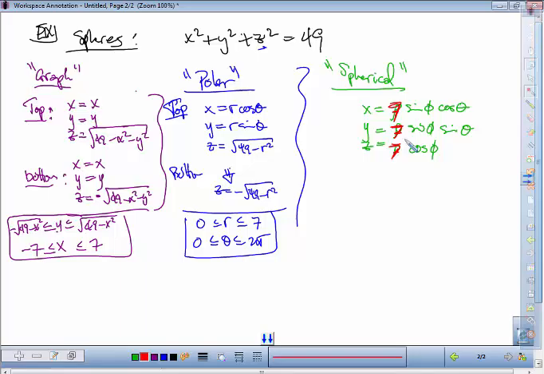So I can let one of them be u and the other one be v in my program, and then draw it out, and I should see a whole, if I do my limits correctly, I should see a whole sphere come up. So let's take a look at that.